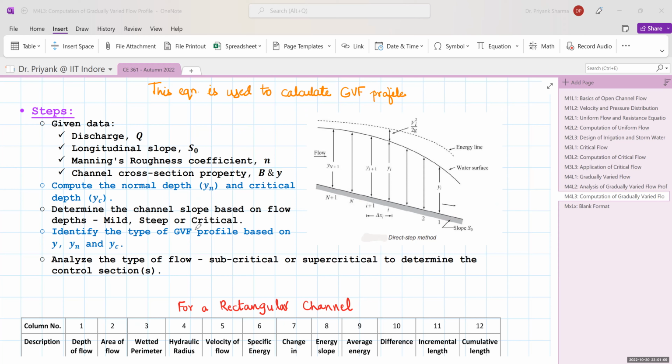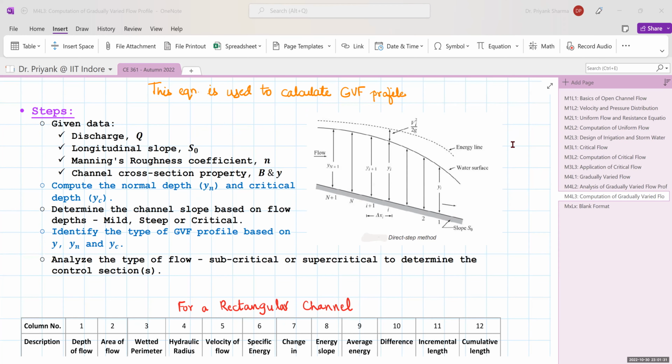Then you identify the profile based on relative comparison of y, yn, yc. If your y falls in zone 3, it is an M3 profile, or if it forms in zone 1, it is an M1 profile. And based on your subcritical or supercritical condition, you can also determine which are the control sections.